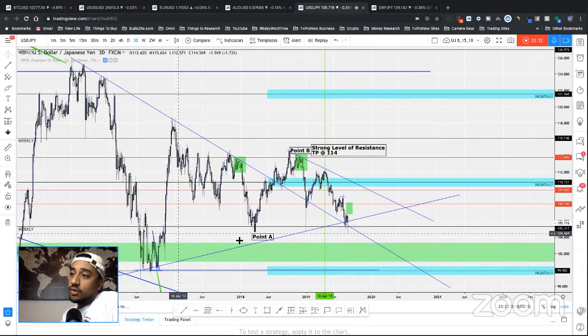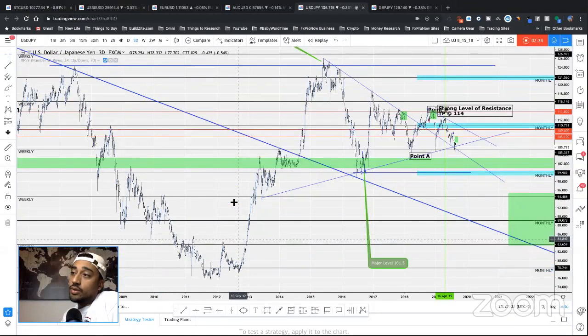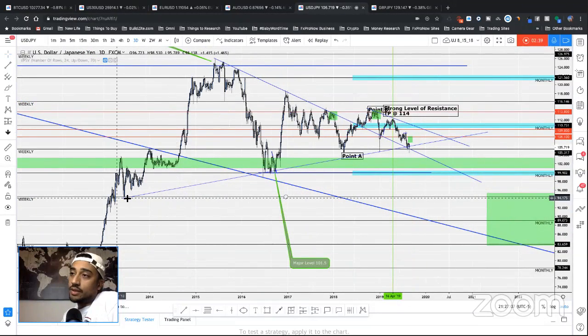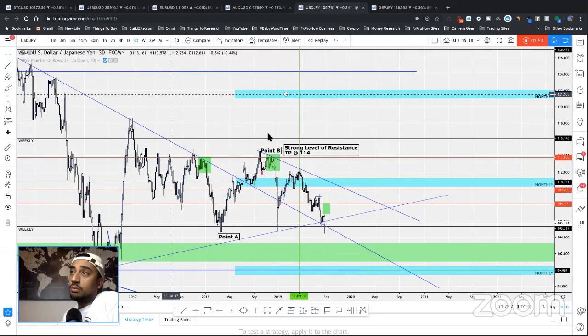And what's interesting is we do have this trend line right here that I drew. That just seems really interesting. So we have this point A, point B, and then price gets to this region right here, kind of in confluence with this week key level. And we may have price pull back up, maybe. I don't know. We look on a higher time frame.